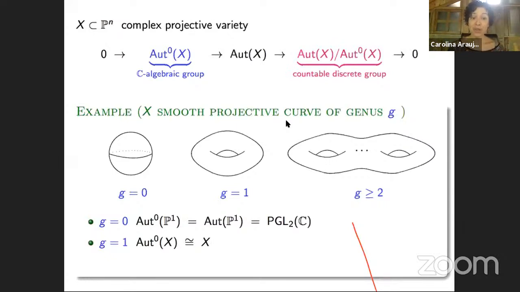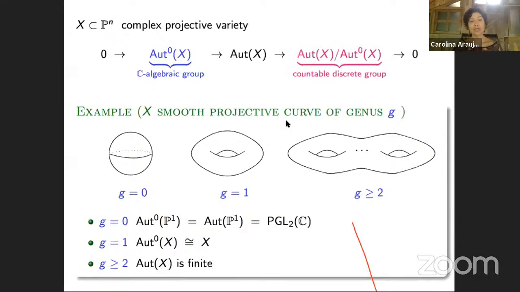The case genus equals 1 is the case of the torus, what we call an elliptic curve. The curve itself has a structure of a group. So X itself is a group, and it is the connected component of the identity. And then the discrete part in this case is finite.